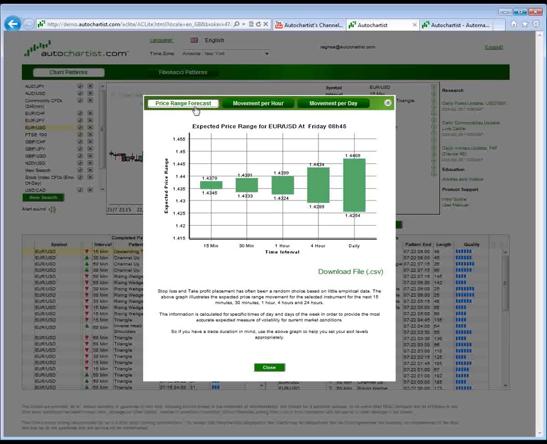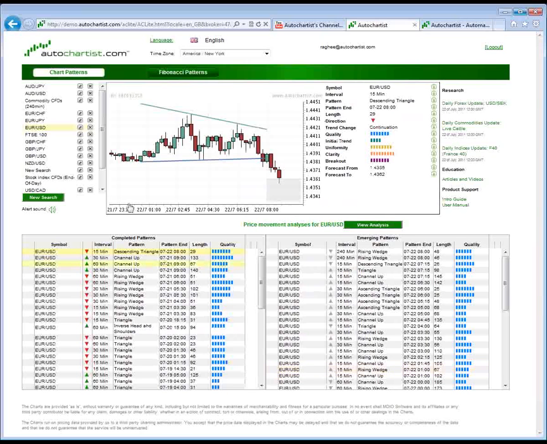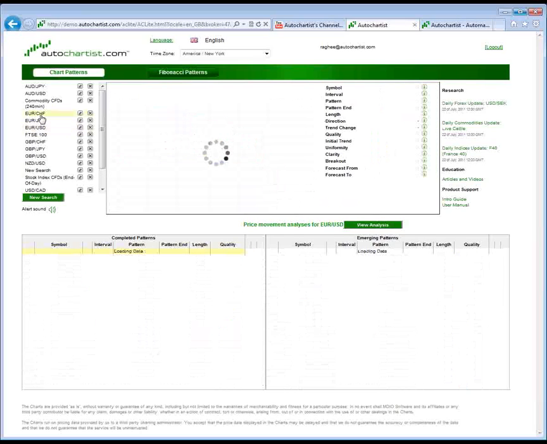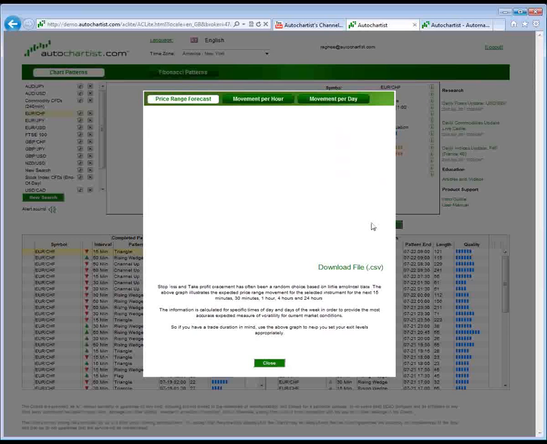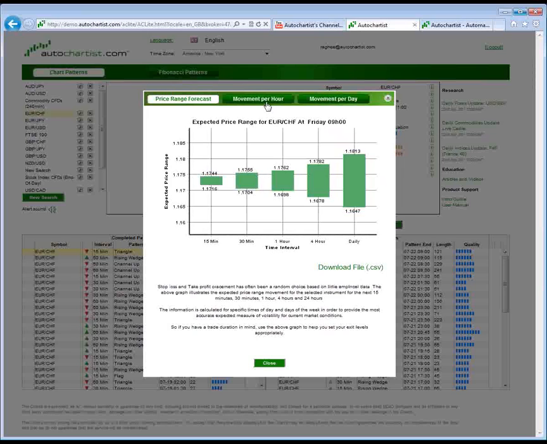Let's say you are wandering into a pair that you've never traded before, for example, the Euro Swissy. Maybe it's a cross rate that you're just trying to familiarize yourself with, and you want to see when the volatility comes in and comes out of the market.